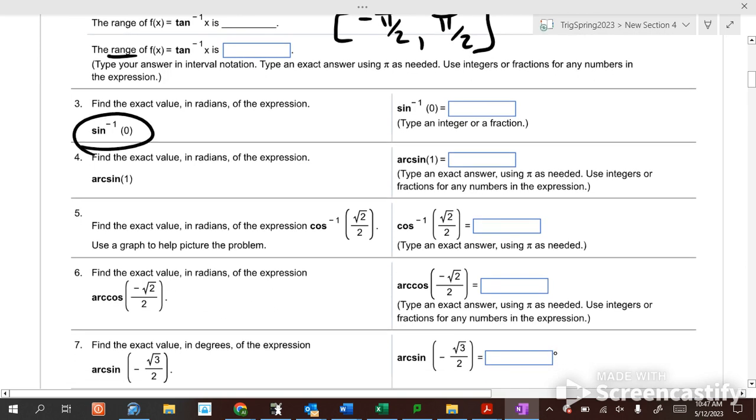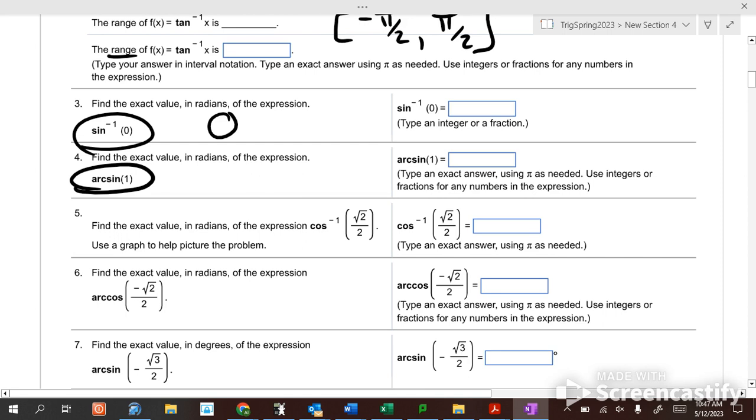What's the inverse of the sine of 0? Now, it's asking, where is the sine equal to 0 at? It's at 0. Because at 0, the sine is equal to 0. The arc sine of 1.